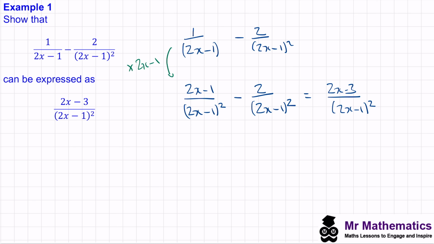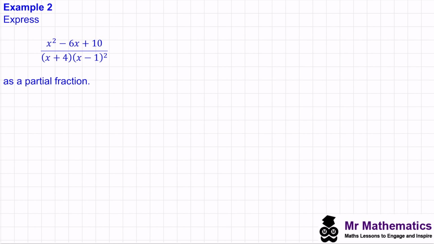I hope this shows you that when we have a denominator which is a linear factor squared, the partial fractions involve a linear factor and then a repeated linear factor, okay? And in example 2, we'll look at applying this within this question.